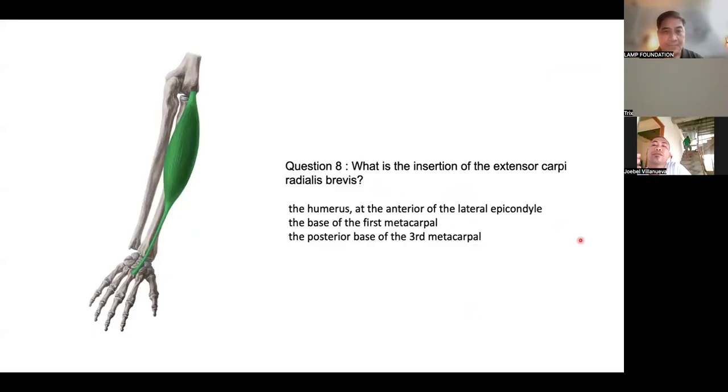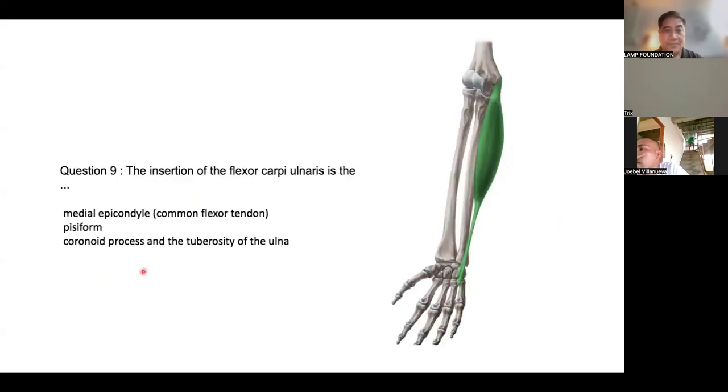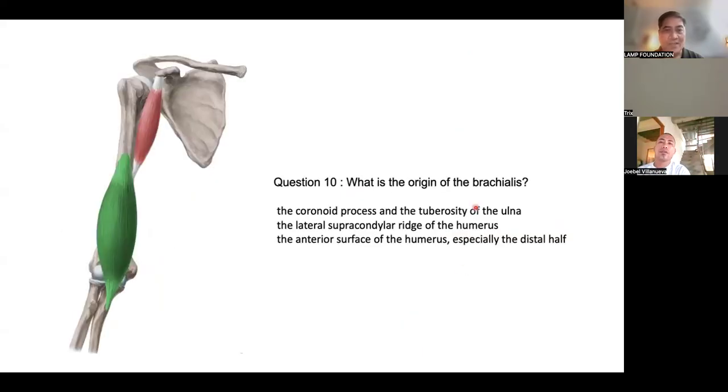The posterior base of the third metacarpal. The insertion of the flexor carpi ulnaris is? The pisiform. Yes. Nice name, no? Would you like that as a name for your son? Pisiform.